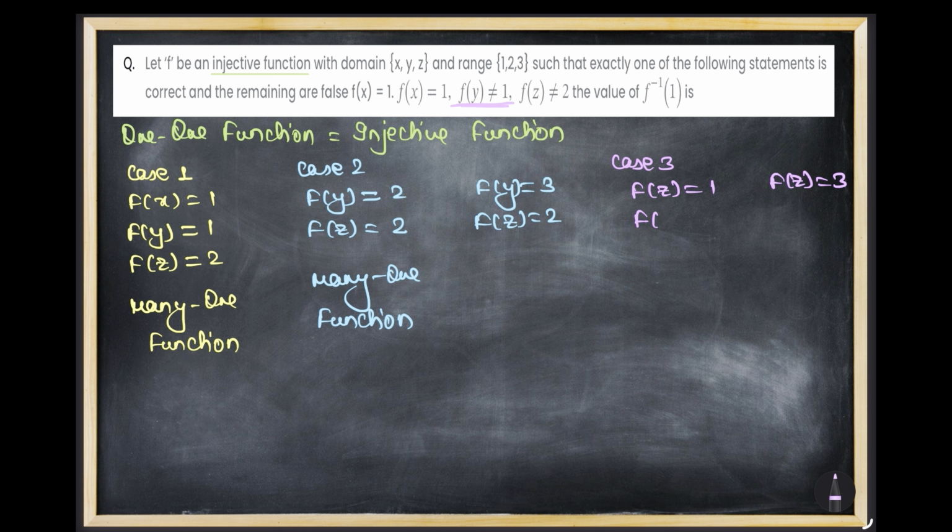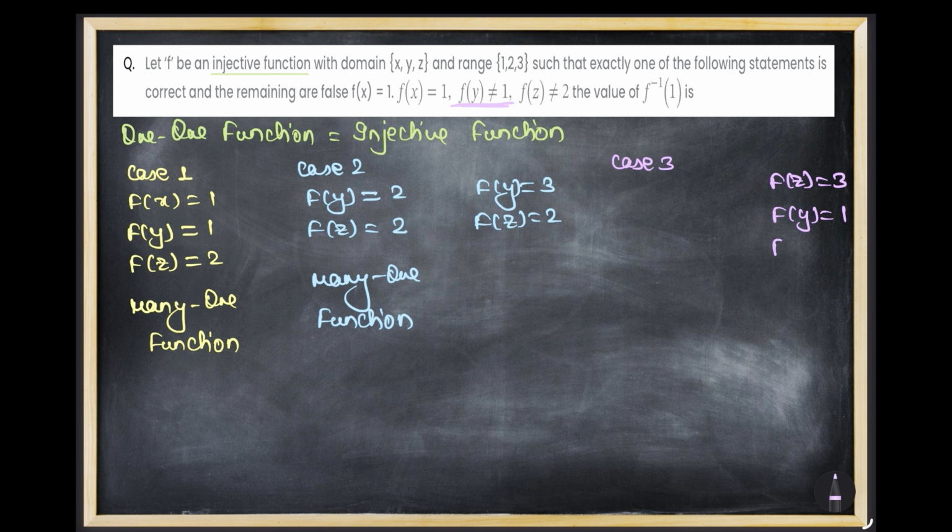False means f of y is 1, and the moment f of y becomes 1, it will become a many-one function. So this case has to be rejected.